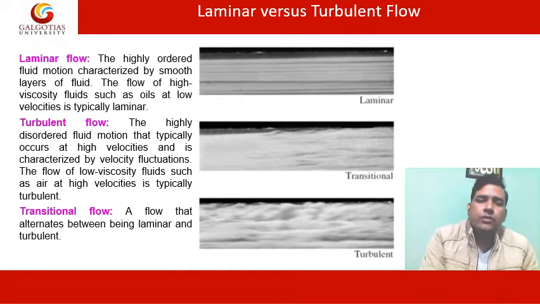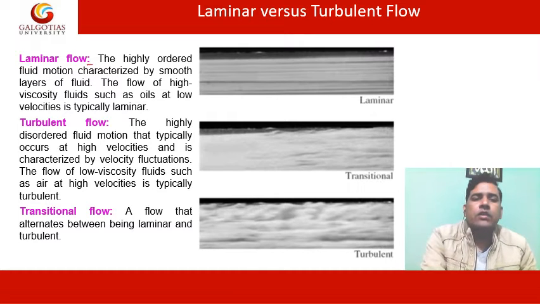Then there is another kind of classification, which is known as laminar versus turbulent flows. Laminar flow is a highly ordered fluid motion characterized by smooth layers of fluid. Flow of high viscosity fluids such as oils at low velocities is typically laminar, while turbulent flow is highly disordered fluid motion that typically occurs at high velocities, and it is characterized by velocity fluctuations.